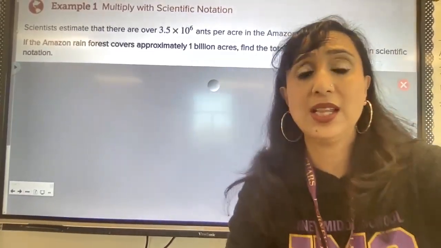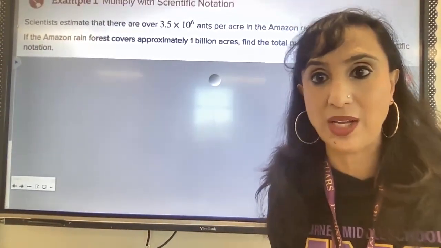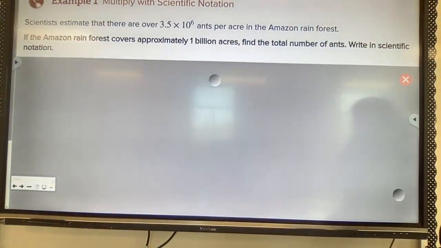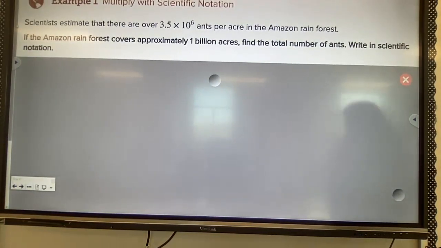And as we can see, scientific notation has all these exponents, right? So because we have exponents, you may need to multiply, divide these numbers because you have scientific notation in real world problems.